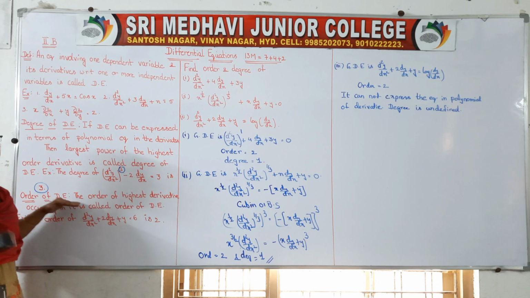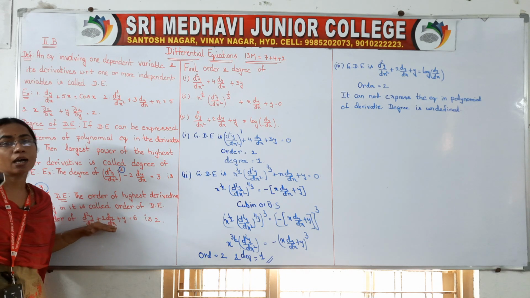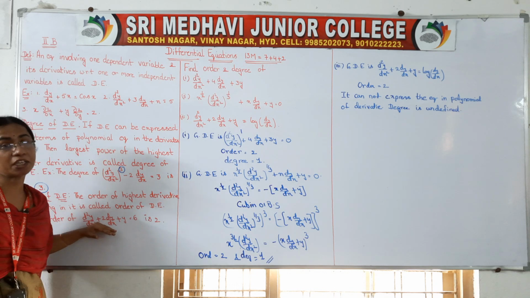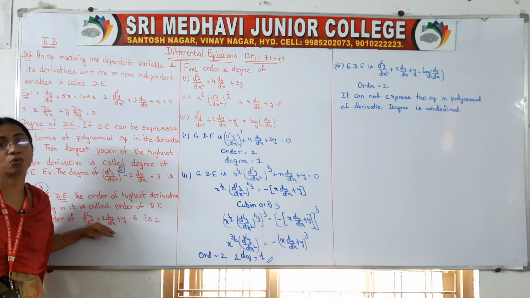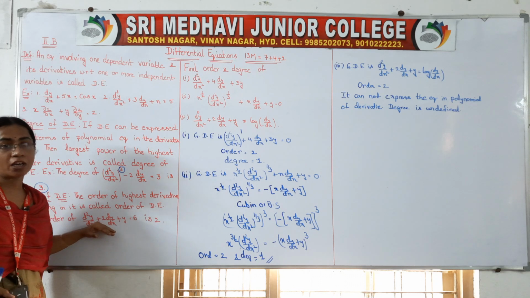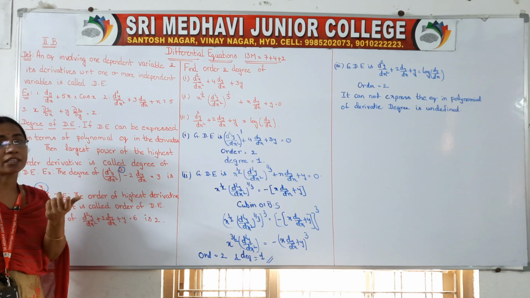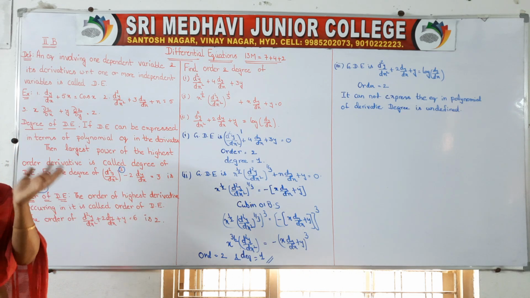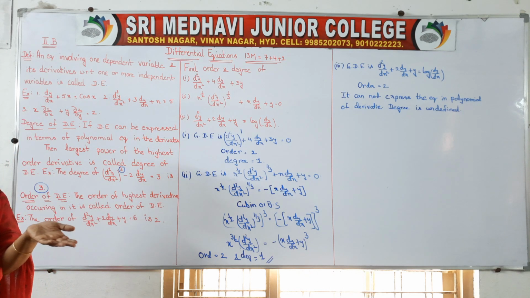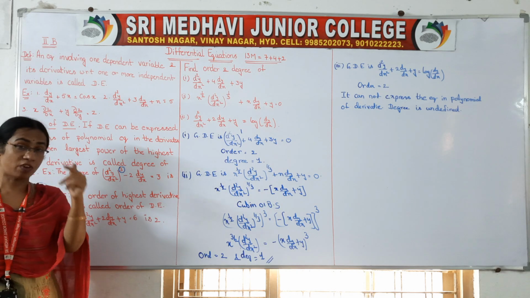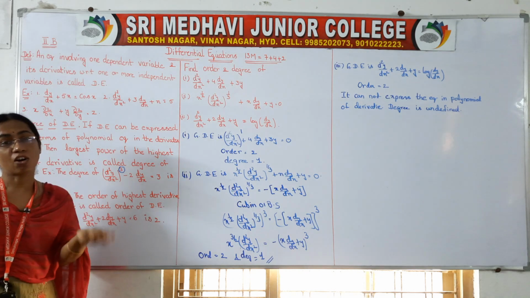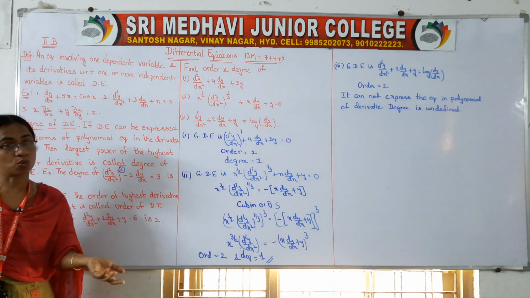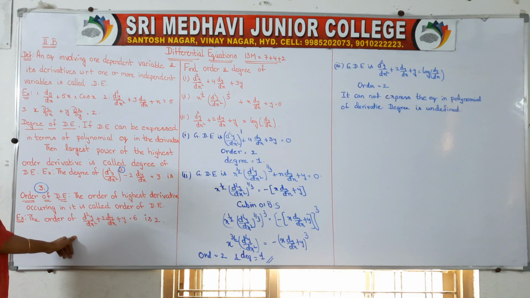The maximum ordered derivative, the highest order derivative, is called its order. That means we check how many times y is differentiated, whether 2 times or 3 times. If d cube y by dx cube is there, order is 3. If d square y by dx square is there, order is 2. Like that we have to take the order.